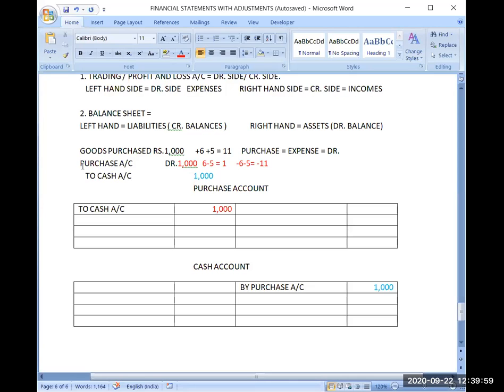So whatever adjustment you are getting in a question, it has to be adjusted at two places at least. If there are three accounts, then the adjustment has to be done at three places. If there are four accounts, then at four places.